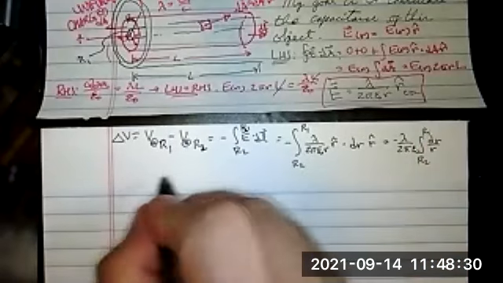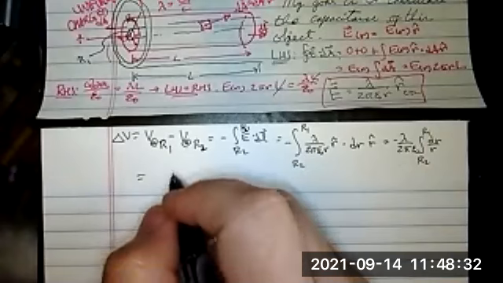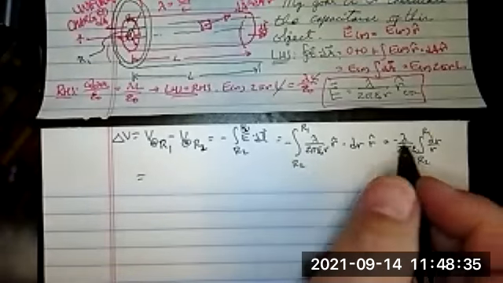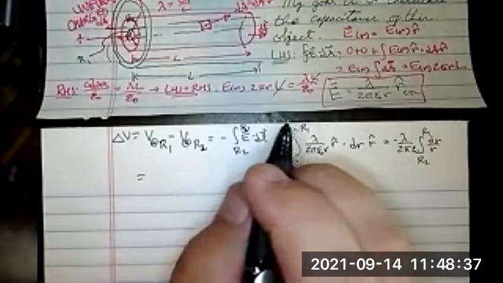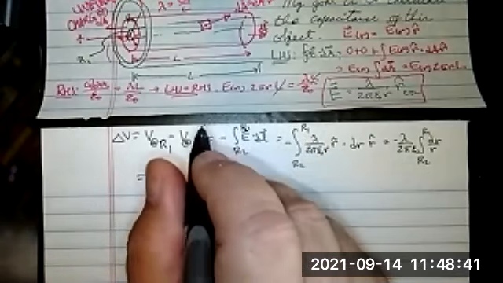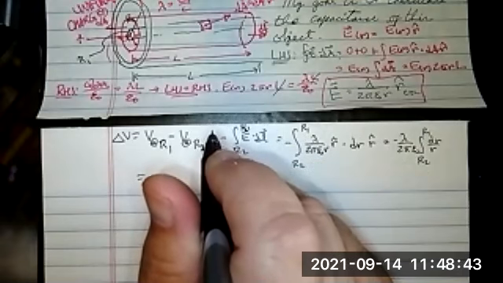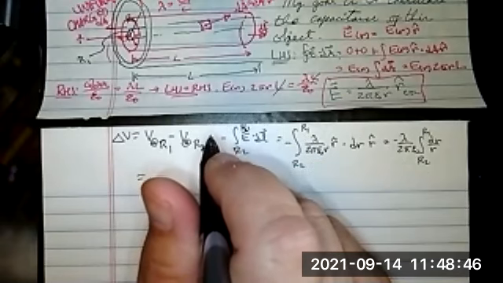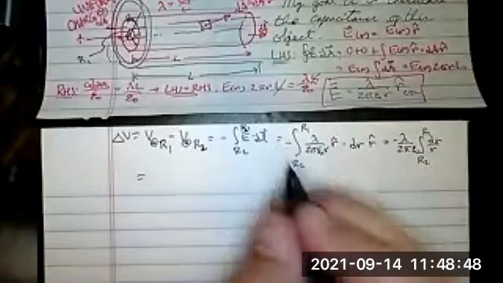That ultimately should give me the integral of dr over r. Anybody know what that is? Remember, if you have to add 1 and you get something weird like 0, that's what tells you to use the ln, right? So the integral of dr over r is going to be the ln.